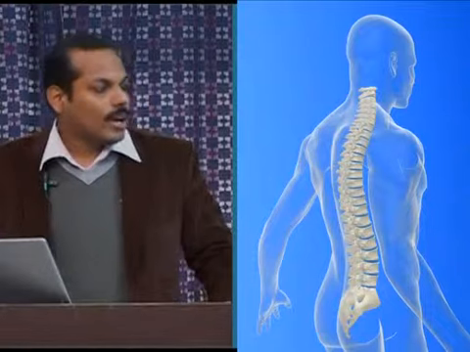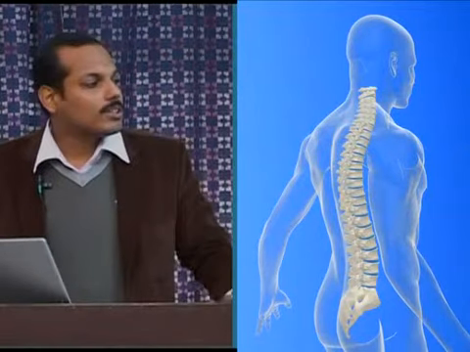Now, at the time of birth, all the curvatures show a posterior convexity. These posterior convexity curvatures are known as primary curvatures.